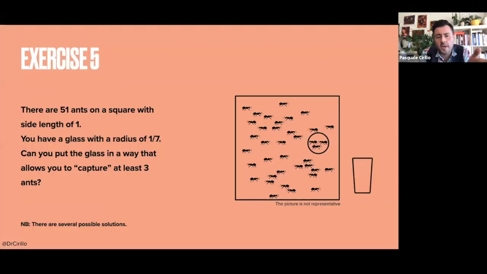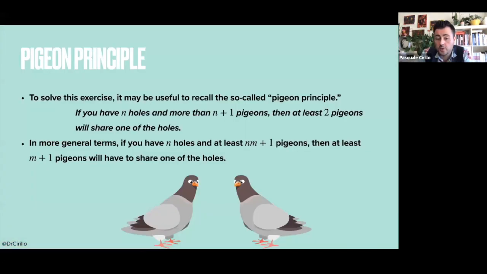Is there a way to transform the data that we have here, 51 points, into a combination of n and m? Actually, there is, because what we are looking for is 3 points, and for us 3 points is the m plus 1 term. So 3 points corresponds to m plus 1 pigeons.